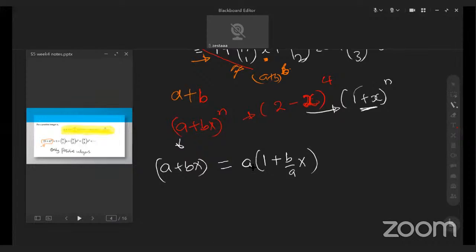When you bring the a into brackets, you come back to this one here. We are trying to ensure that we have our equation in this format before you start using the binomial theorem.